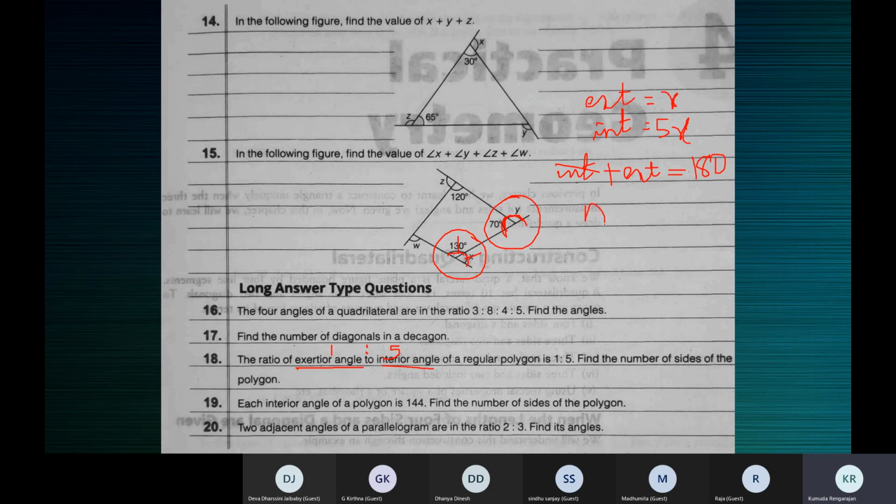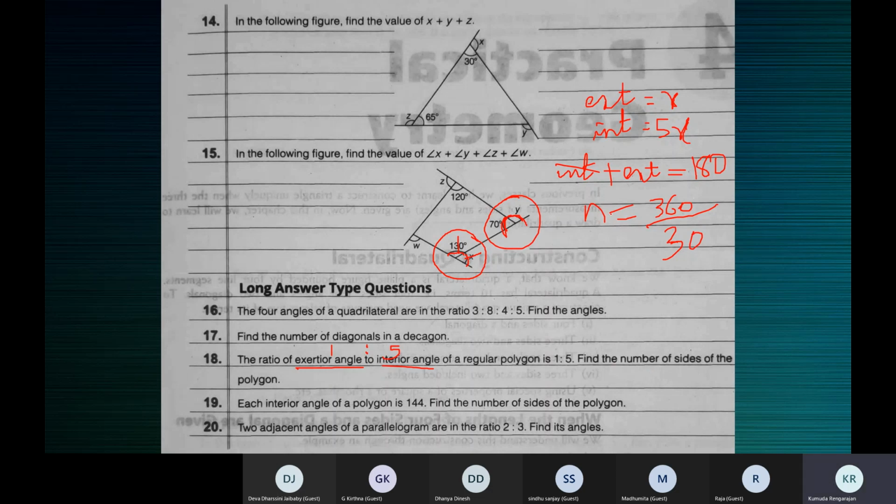To find the number of sides, n is equal to 360 degrees by each exterior angle. We've seen this formula earlier. Children, the question is to find the number of sides.